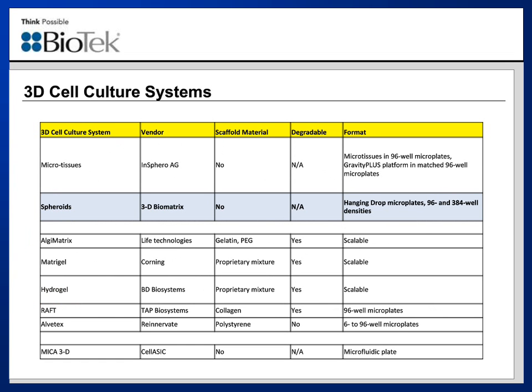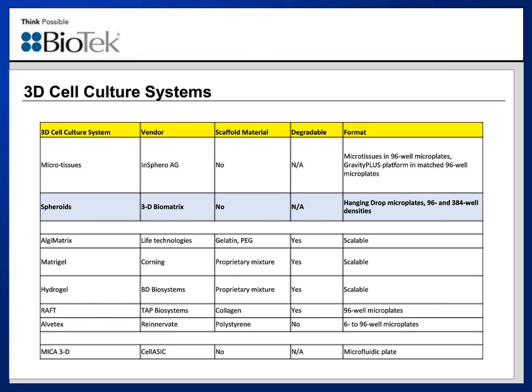So here I've put up a table of some of the available 3D cell culture systems. 3D cell culture systems are available from a variety of vendors, and they can be performed in an array of different formats, from 96 well plates to 384 well plates, as well as your standard tissue culture vessels.